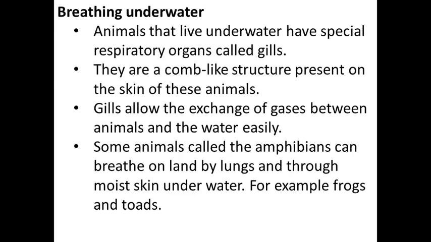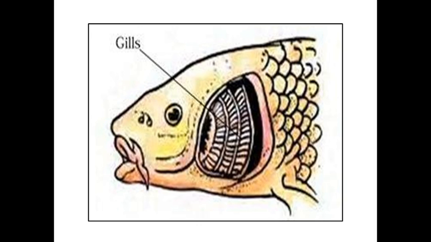You only have to learn the breathing body part of that particular organism and then write down your notes. The point of gaseous exchange is the same in all animals. Only you have to add the body part with which they are breathing. Understood? And see how the gills are there, the comb like structure. With the help of these gills aquatic animals are breathing.